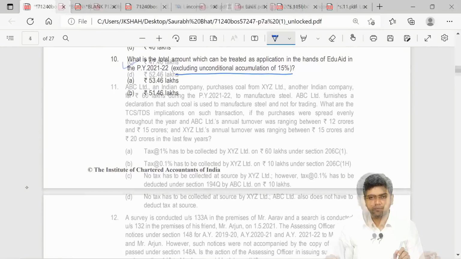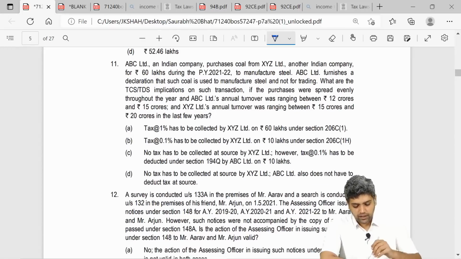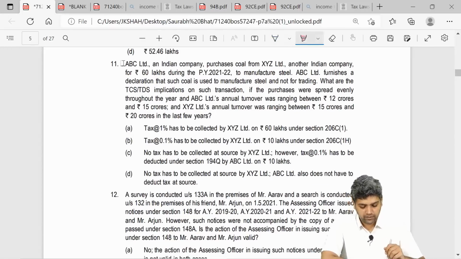Let's move ahead. Okay friends, moving ahead to the next question, that is question number 11. It says ABC Limited is an Indian company which purchases coal from XYZ Limited, another Indian company, for 60 lakh rupees during previous year 21-22 to manufacture steel.